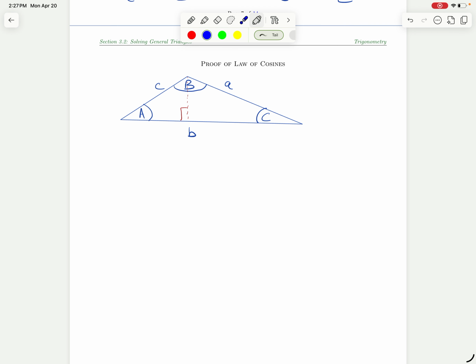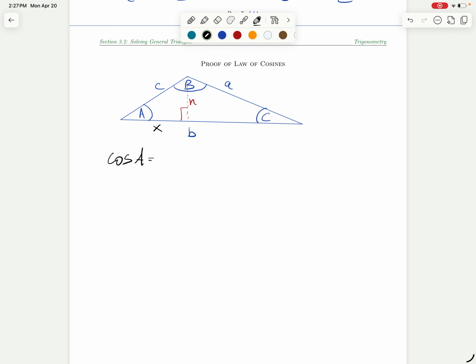So here we go. When we do that, we'll call this distance h again, and I can now talk about the cosine. Let's talk about the cosine of the angle A, and that's going to be this distance right here, the adjacent, over c. Haven't given that a name.